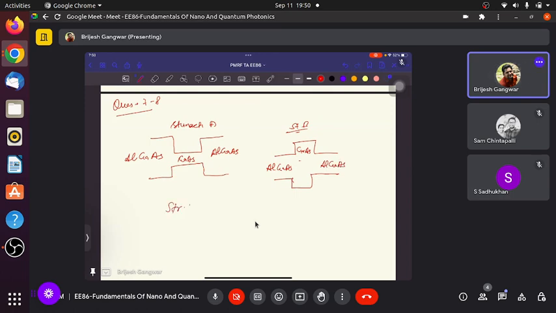Similarly, structure C is EV and this is EC. This is gallium arsenide only.